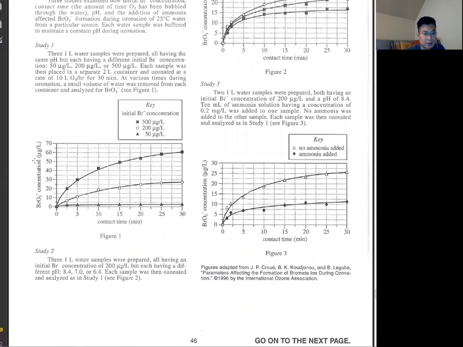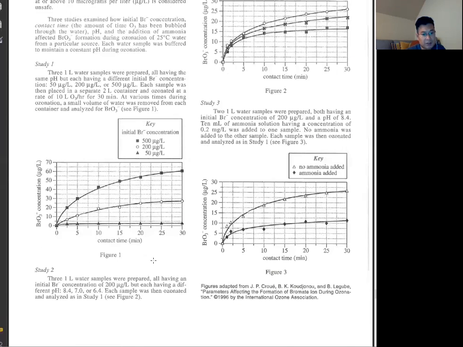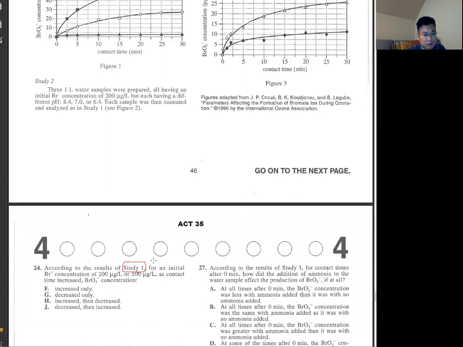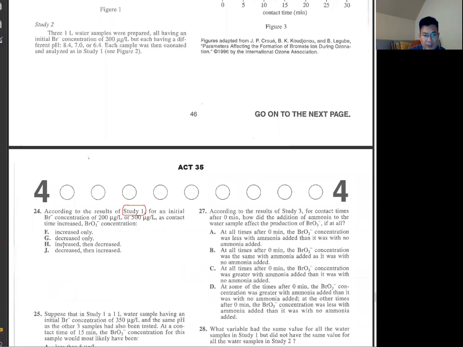In study 1, which is figure 1, the initial Br minus is 200 or 500, the circle or the square. It increases as time goes by, rapidly for 500, and a little bit slower for 200. So we can find it as increase only.